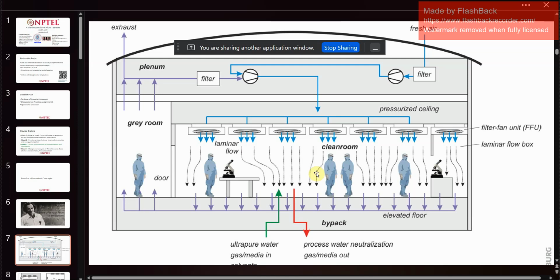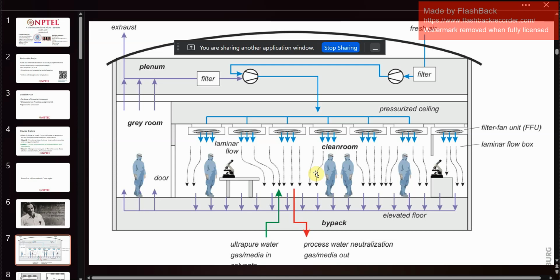Your movements have to be controlled. Since you will be in a PPE kit, the dust that is generated from your body in the form of hair falling or some other things will not come into play. That is how a very sterile and dust-free environment is created in a clean room, and that is what the clean room is meant to do.